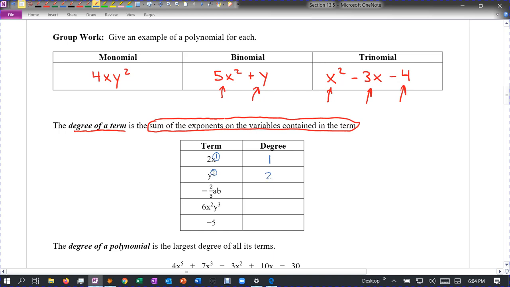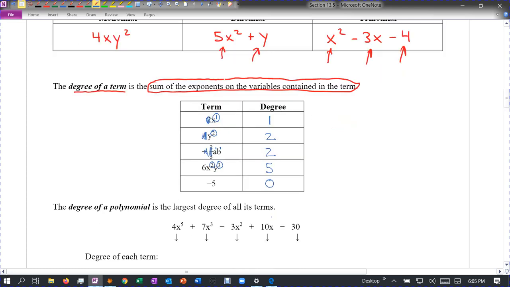That's the only term, so we put 2. Here we have a to the first power, b to the first power. We ignore the coefficient completely. But we have a to the first, b to the first. If we add that up, 1 plus 1 is 2. So the degree would be 2. Here we have x squared and x cubed, so we add those together, we get 5. And here we don't have any variables, so anytime you don't have any variables, we say the degree of the term is 0. All right.